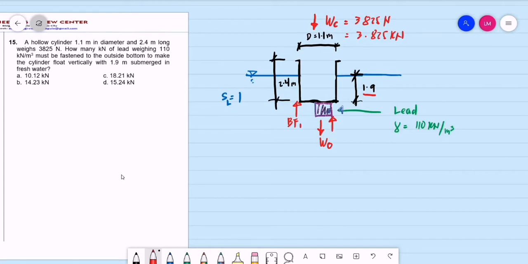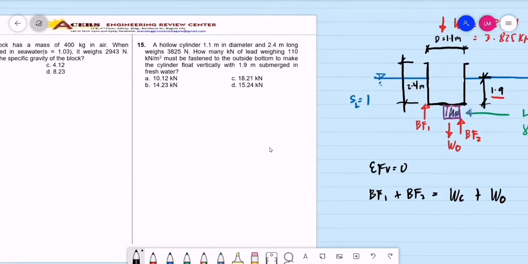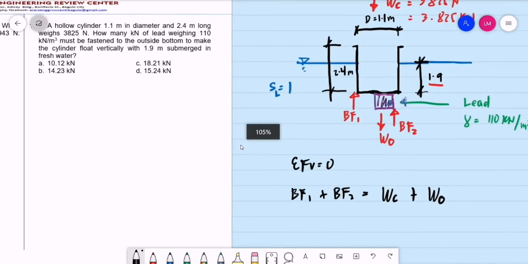Then we have buoyant force number 2, that is the buoyant force for the lead. So for mechanics, the summation of vertical forces is equal to 0. This is buoyant force number 1 plus buoyant force number 2 is equal to the weight of the cylinder plus the weight of the lead. We say the weight of the object. So again, we are to recall what are the basics.